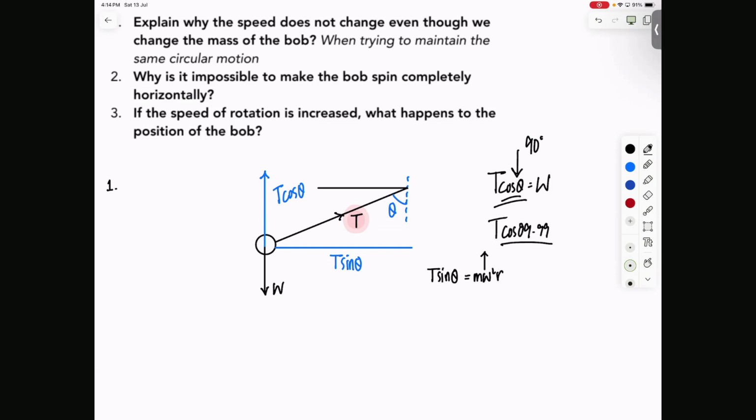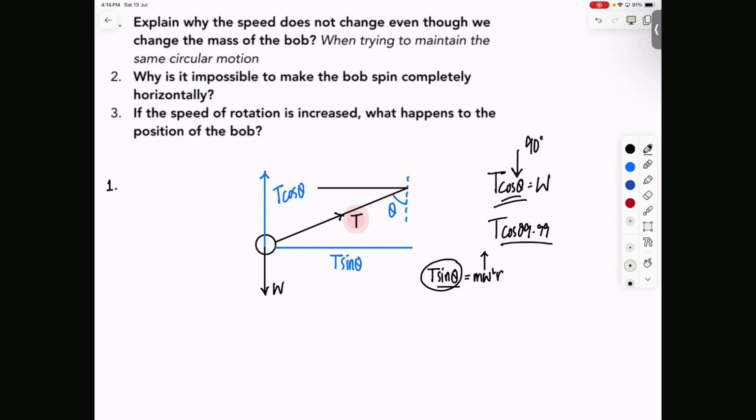As omega increases, what does sine need to do in order to maintain circular motion? It needs to increase because sine has a what relationship with angle? Direct relationship, right? So as the value of sine increases, what happens to this whole thing here? It increases as well. To facilitate the circular motion at high speeds, you need more centripetal force. To provide more centripetal force, at the same tension, you need what? More angle. And that's the reason why it starts to rise up.